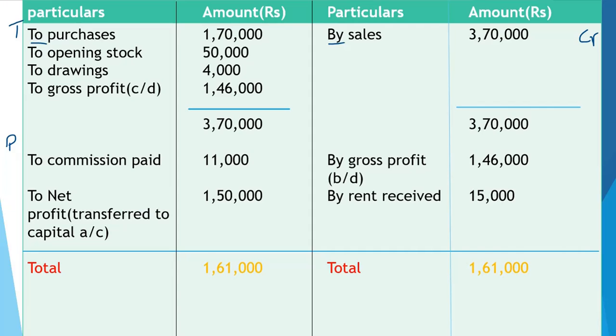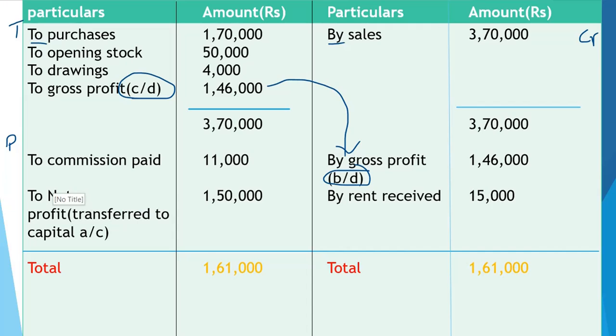Now represent this gross profit. Here C/D means carry down, guys. B/D means brought down, guys. So here is carry down and this is the brought down. So the first thing we need to do is bring it down here. This gross profit will be brought down on the credit side.